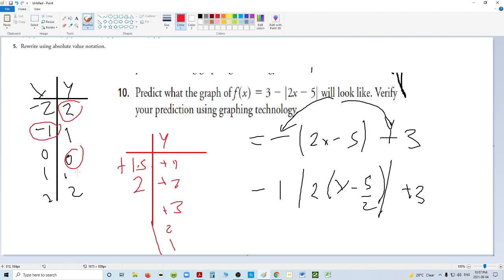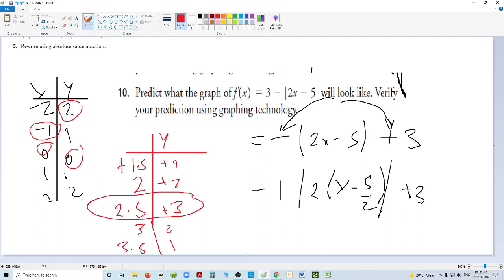And the next one is nothing happens to the 0, but then you add 2.5 to it, which is 2.5, which should be the vertex. And then this next one, when you multiply by half, it's a half, and then when you add 2.5 to it, it's 3, and the last one's 3.5. So this should be 5 points on the graph, and that should be the vertex.